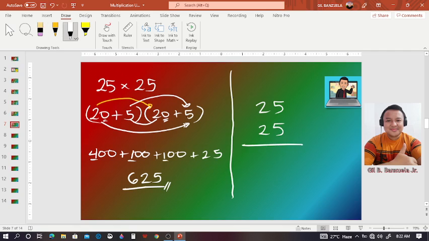Kung mapapansin ninyo guys, dito, magkapareho yung given natin. Identical. At kung mapapansin ninyo, yung nasa ones place, parehong 5. Yung nasa tens place, magkaparehong number. Identical 2. Okay. This is a special one.